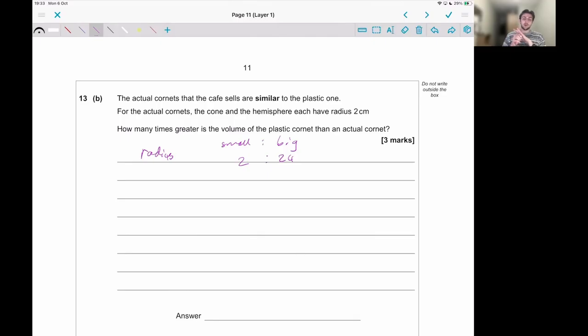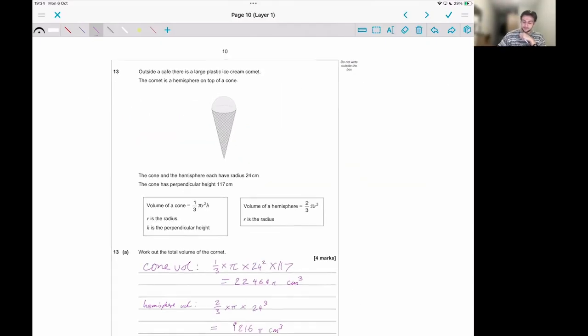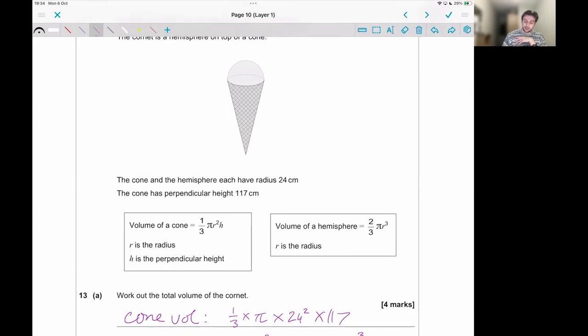And so when you do the volume calculation, you're using each of those lengths, which are one-dimensional, and you're multiplying them 3 times. So if you look here in the volume of a cone, we had r squared times h.